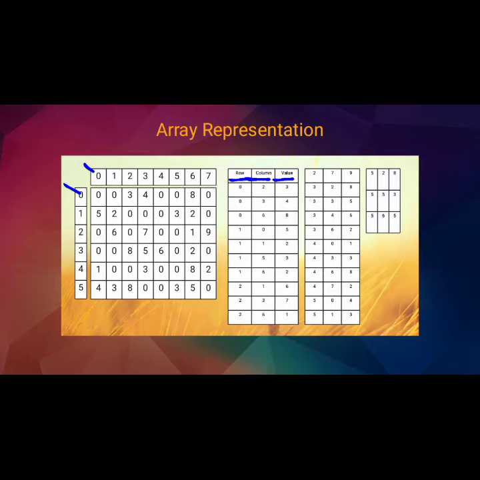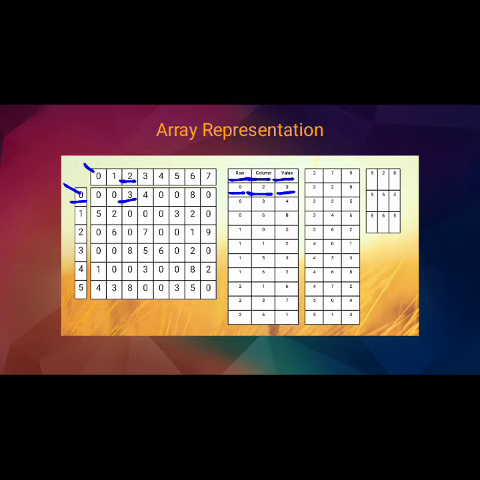Here we will find the non-zero elements. So in index row 0, index column 2, the element 3 is there. So in row 0, column 2, the value is 3.